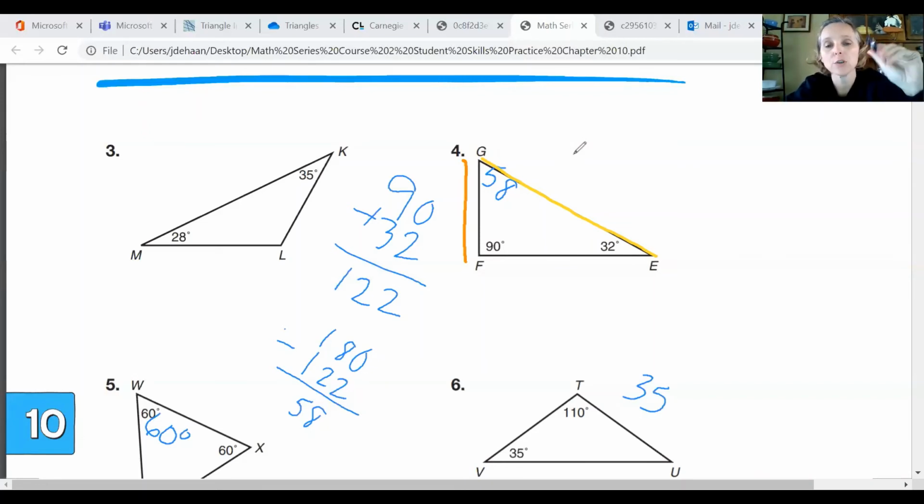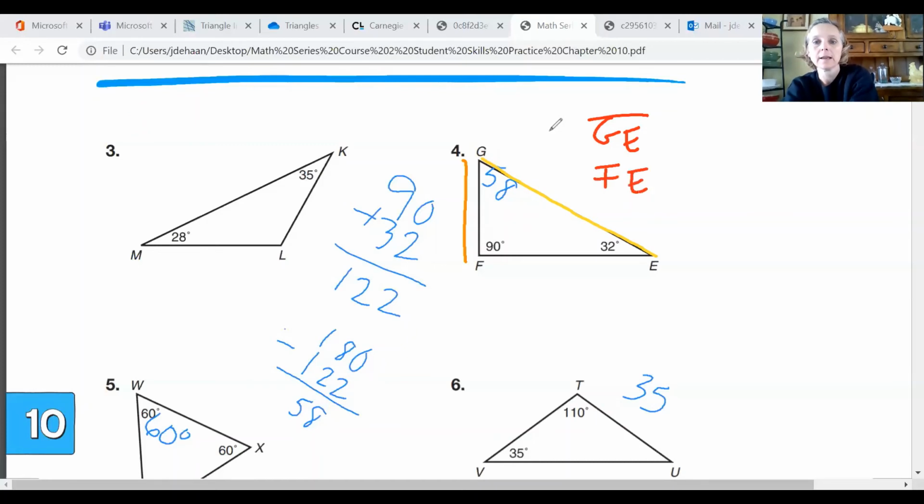So if I were to put these sides in order from largest to smallest, the largest side would be side GE, and then side FE, and the shortest side is across from the 32, which is GF.